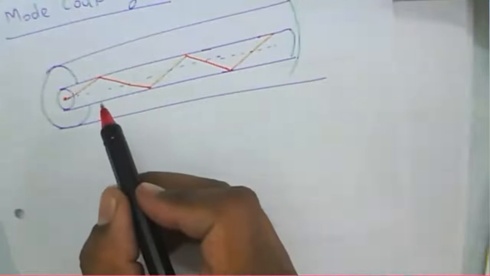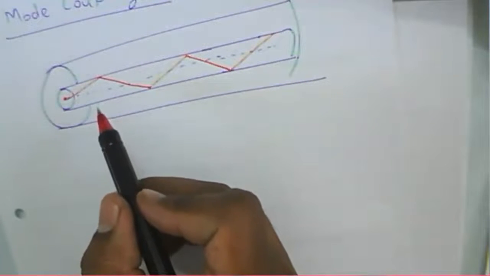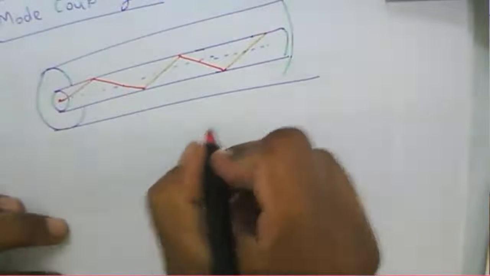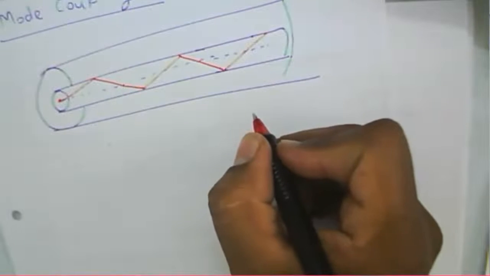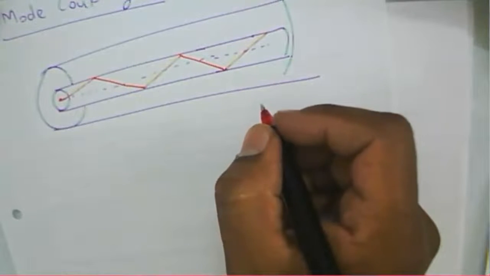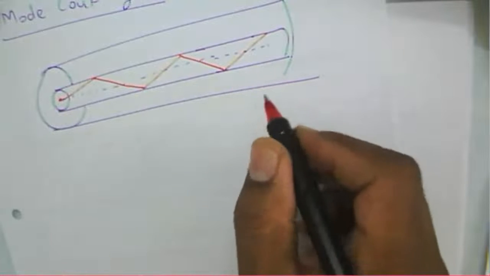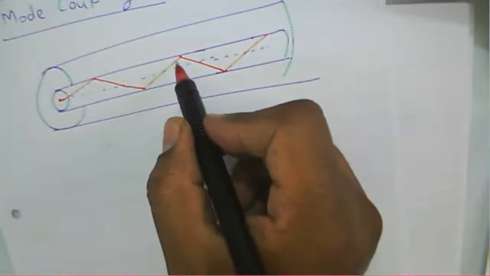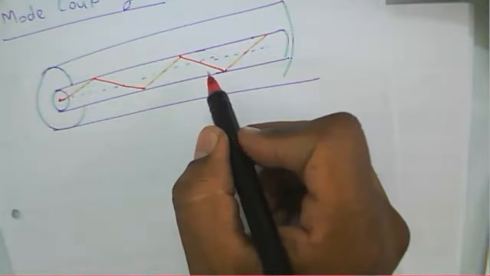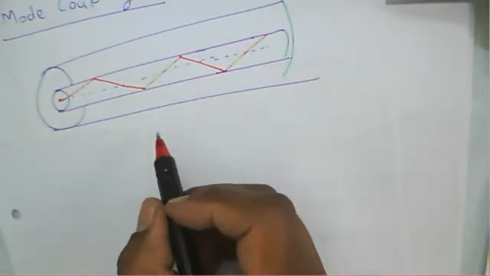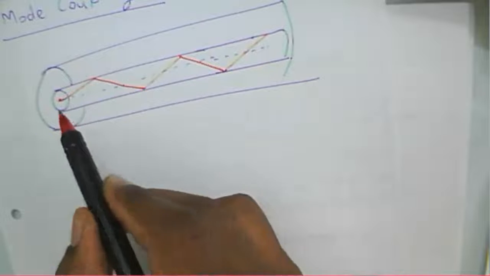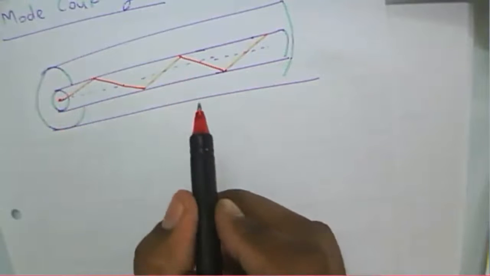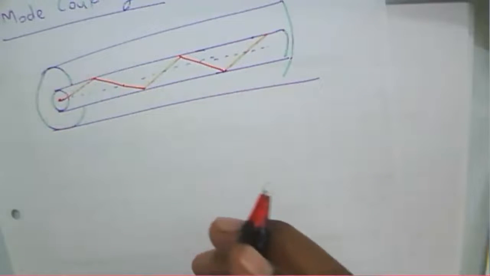But if we consider that particular fiber to be a single mode fiber, for a given single mode fiber, the light, that ray, is propagating and it is not changing any characteristics of that light.